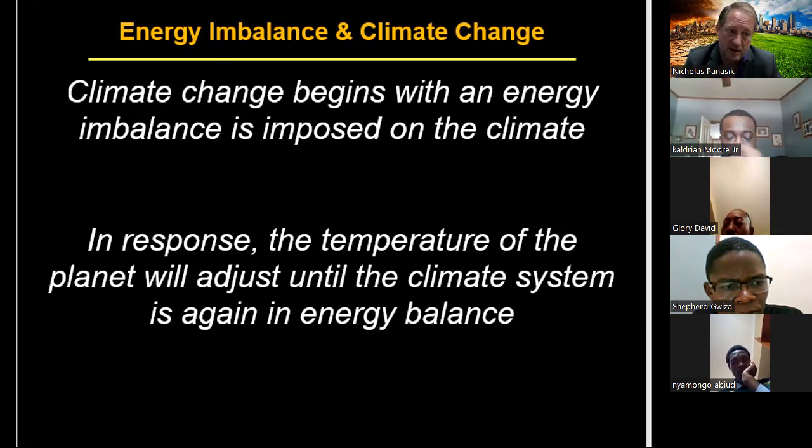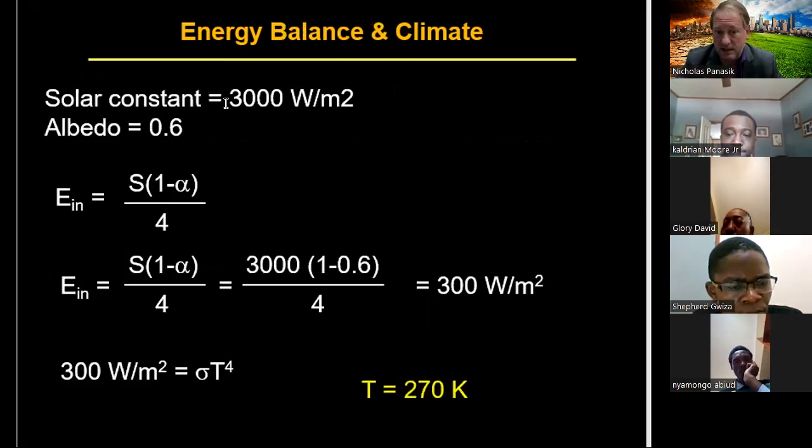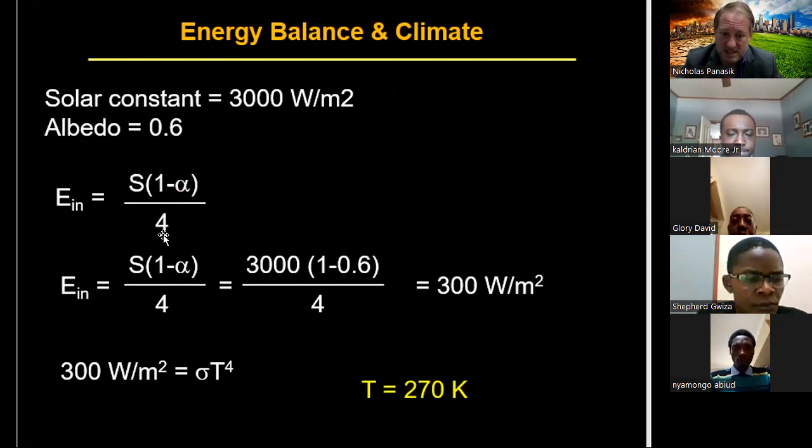And so let's go ahead and start with an example. Let's start with a planet that's got a solar constant similar to ours, around 3,000, a slightly smaller albedo, 0.6. We can figure out how much energy is coming into that planet. Okay.